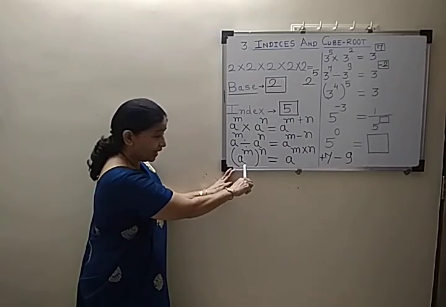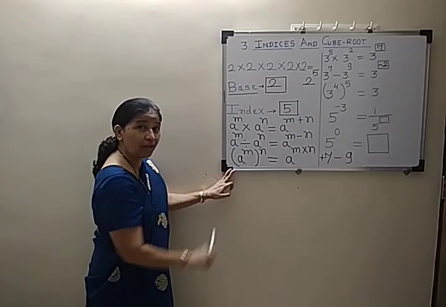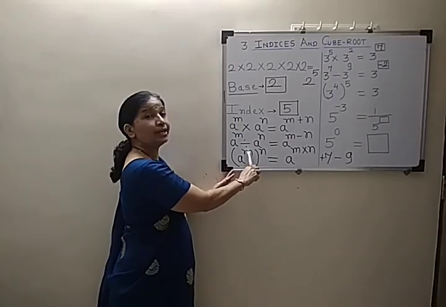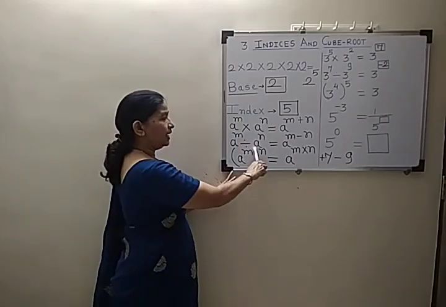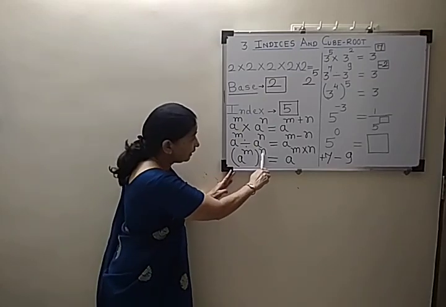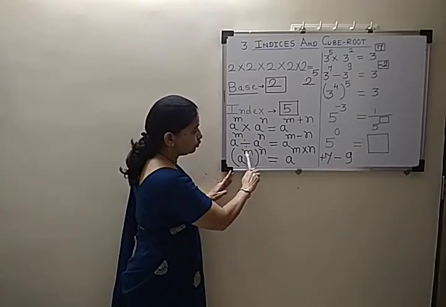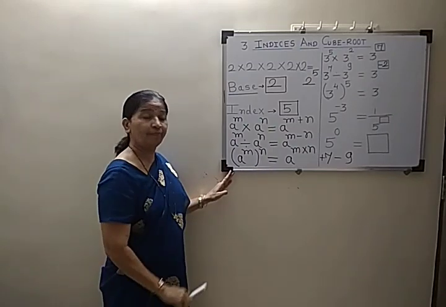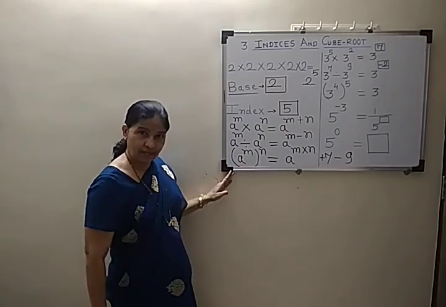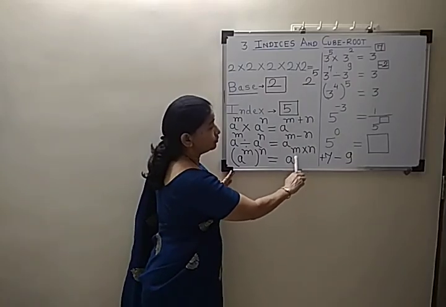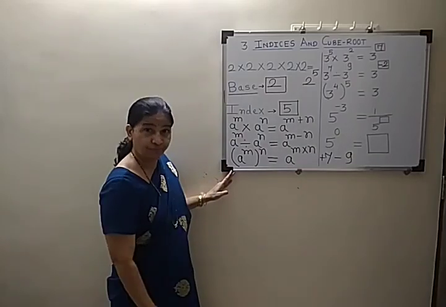Means when their base is a and first index is m and that of the bracket again index is n, that time we have to multiply these indices. Okay, so it came as a raised to m into n.